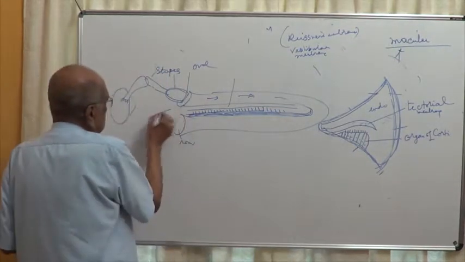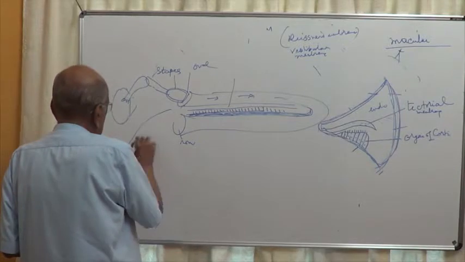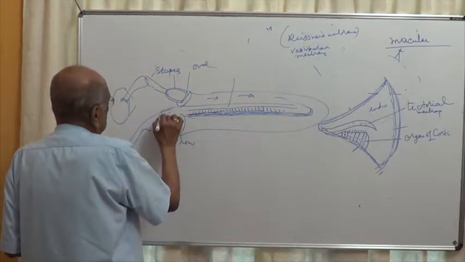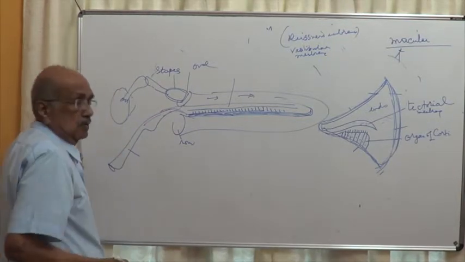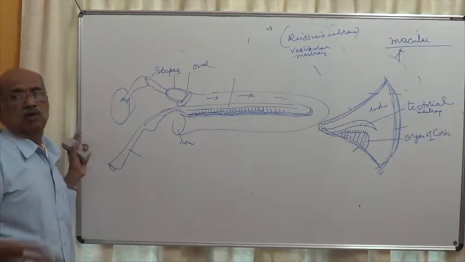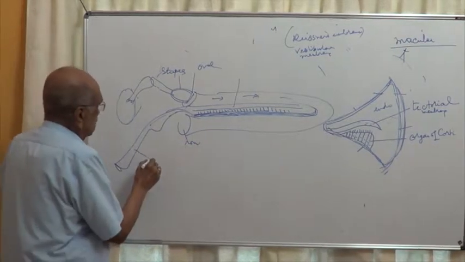What was not mentioned here is a part of the nerve. A nerve involved in hearing is the auditory nerve.